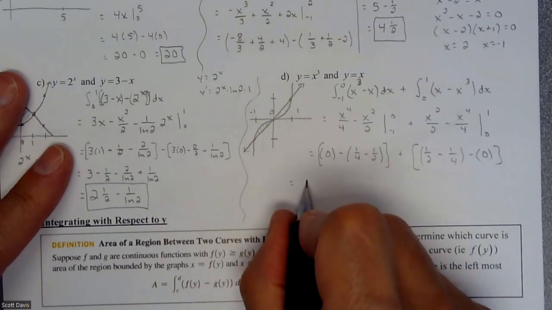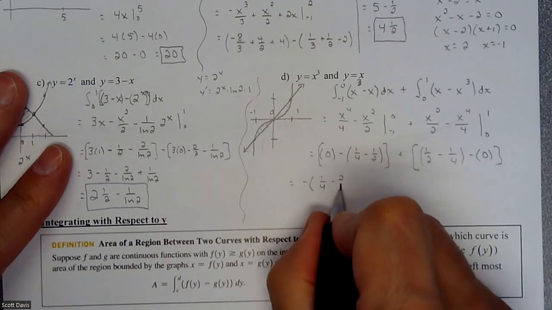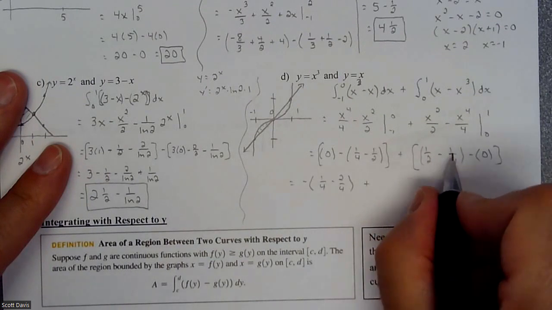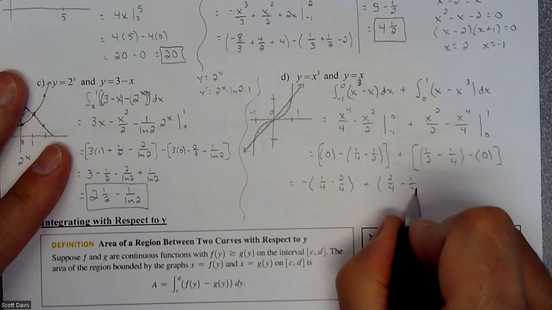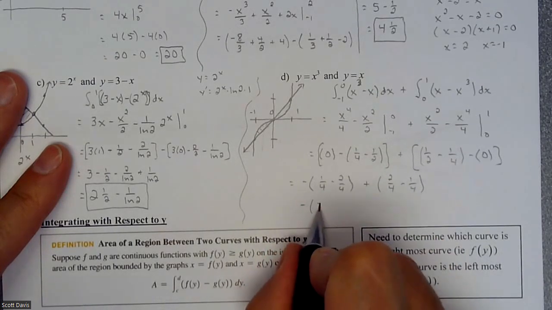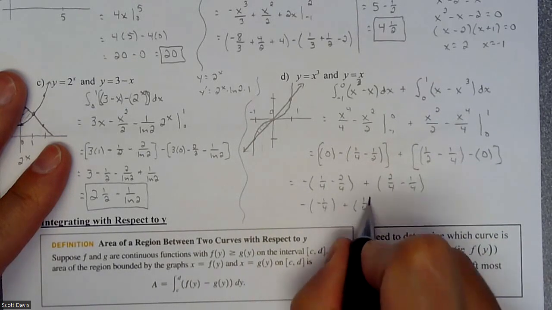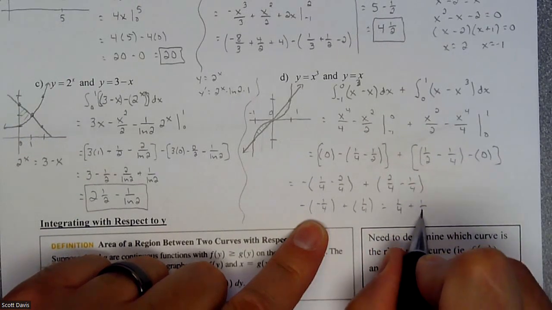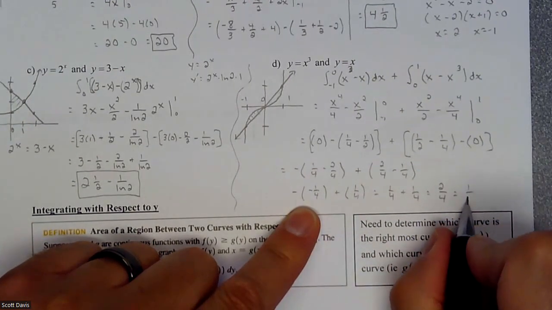So that's going to equal a negative 1/4, minus 2/4 plus we have a 2/4 minus 1/4. So this is going to give us a negative 1/4 plus 1/4, which really is 1/4, plus 1/4, giving us 2/4, simplifying to 1/2.